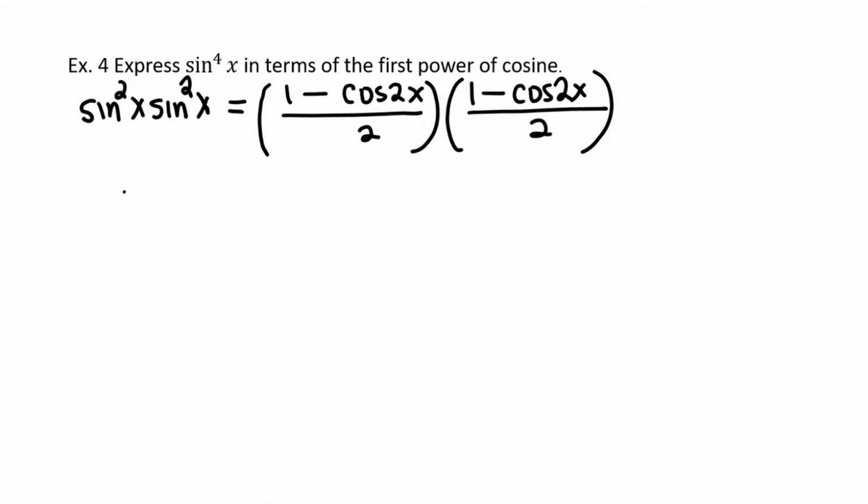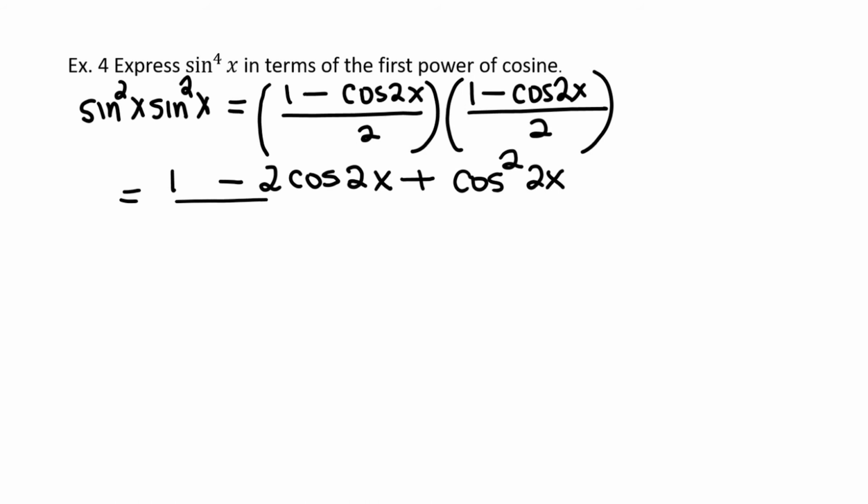Let's multiply. We're going to have to use the FOIL, first, outside, inside, last, to multiply the 1 minus cosine 2x's. So we will have 1 minus, then we'll have negative cosine 2x minus cosine 2x, so that's 2 cosine 2x. And then the product of the last two terms will give us plus cosine squared 2x.